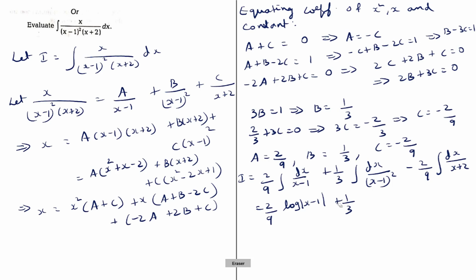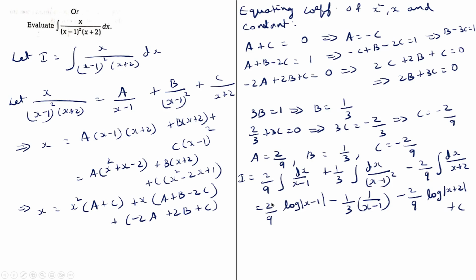So here we have minus 1 by 3 into 1 by x minus 1, then minus 2 by 9 log mod x plus 2 plus c. So this is the integral of this function, or we can combine these two.